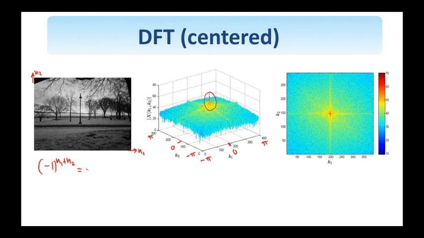Because this is clearly equal to e to the minus j pi (n1 plus n2). So in the spatial domain, I multiply my signal with this complex exponential, and one of the properties of the DFT is that this introduces a circular shift of the DFT by pi, pi.